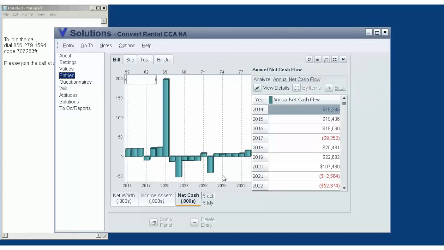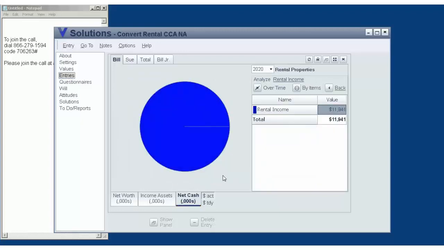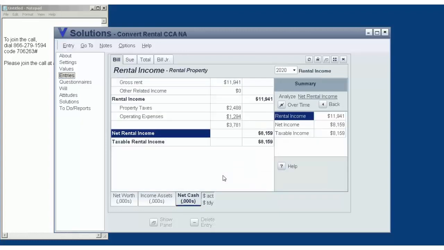So here's how the law works. Let's go to 2020, and you'll remember before, when we looked at that rental income table, what we saw was a CCA recapture on conversion and also a CCA capital gain.